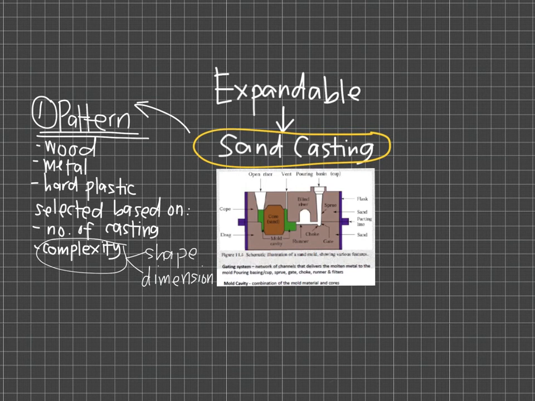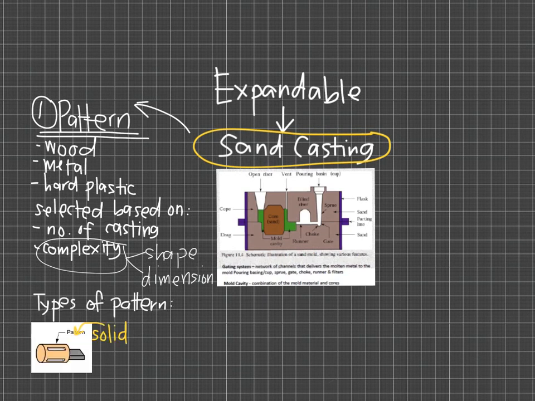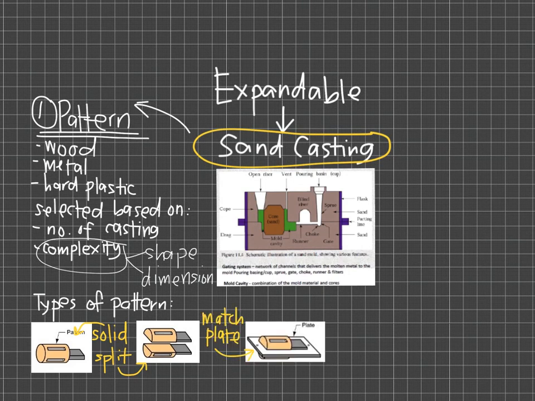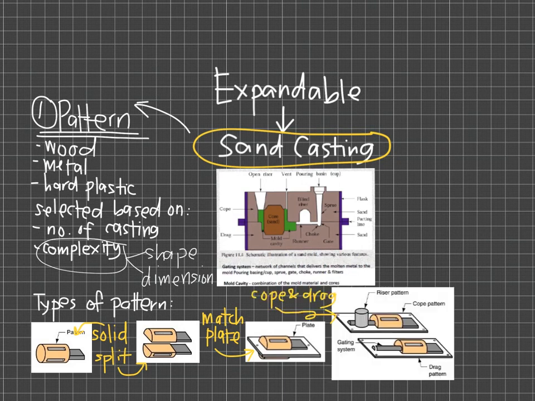There are several types of pattern normally used in industries, which are solid pattern, second one is split pattern, match plate pattern, and cope and drag pattern.